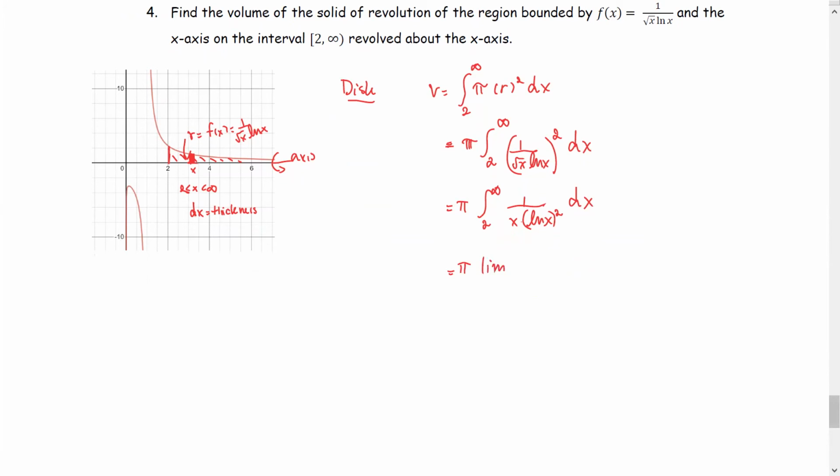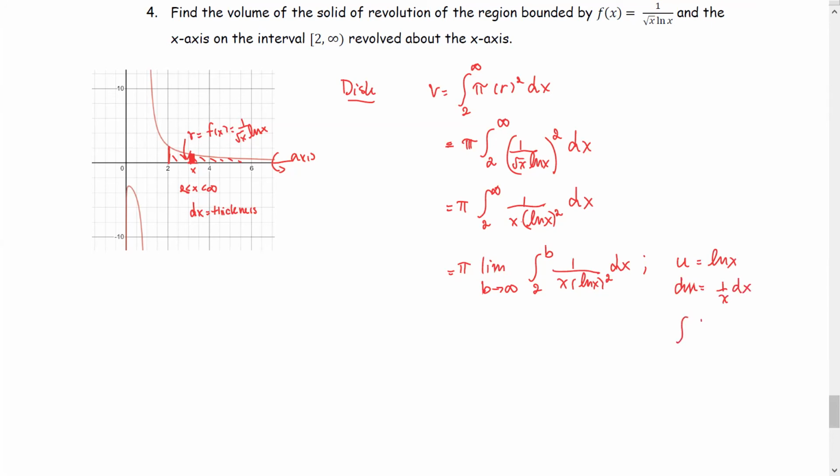Take the limit of the definite integral from 2 to b as b approaches positive infinity of the integrand 1 over x multiplied by natural log x squared with respect to x. Use the u-sub technique by letting u be natural log of x, du is 1 over x dx.